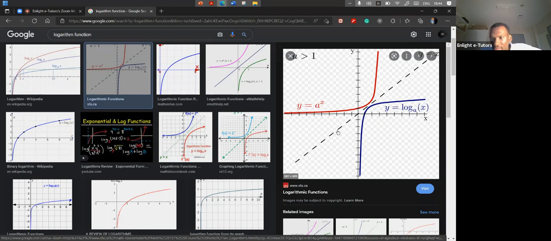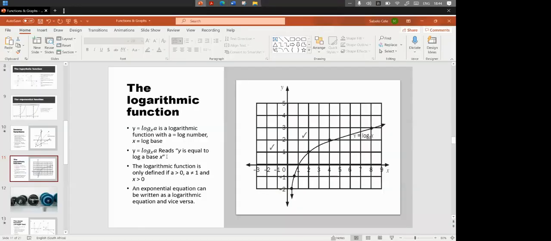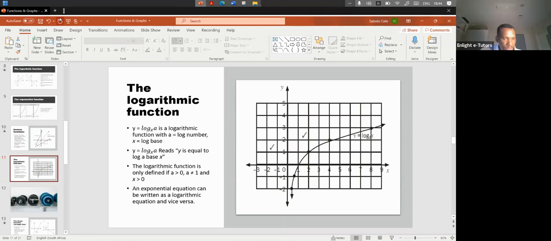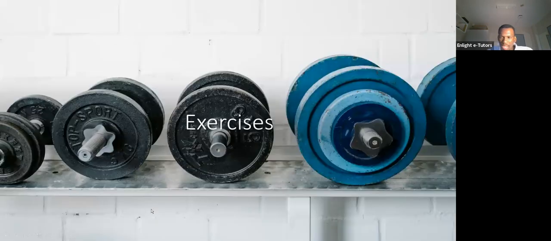If you look at them, they are kind of an inverse thing. So yes, we can say they are inverses. I don't know if there's something that you want to know.